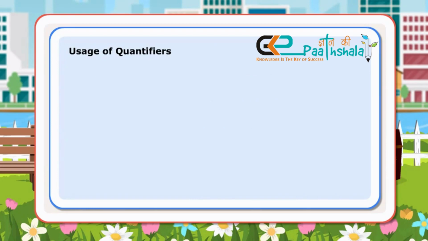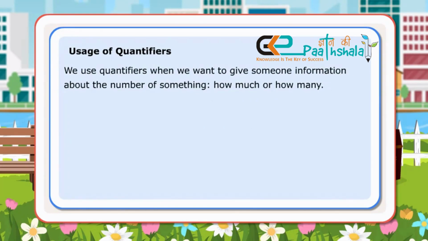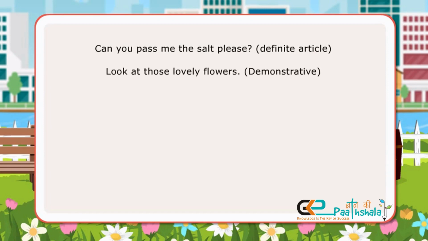Usage of quantifiers. We use quantifiers when we want to give someone information about the number of something, how much or how many. Let us see a few more examples using determiners and quantifiers. Can you pass me the salt, please? Definite article. Look at those lovely flowers.